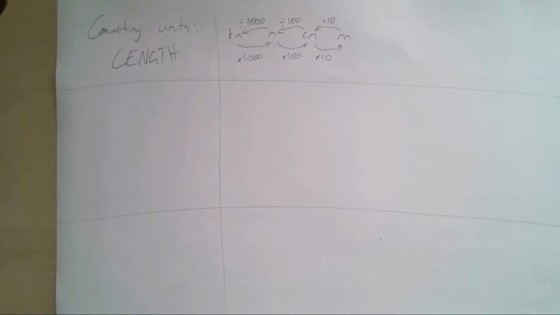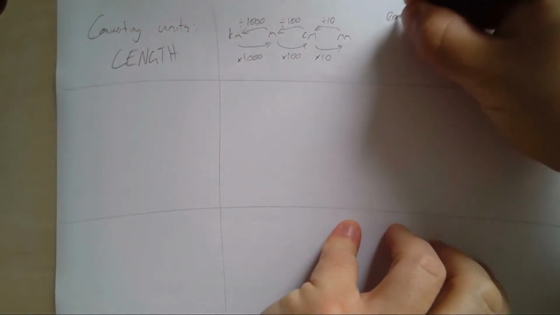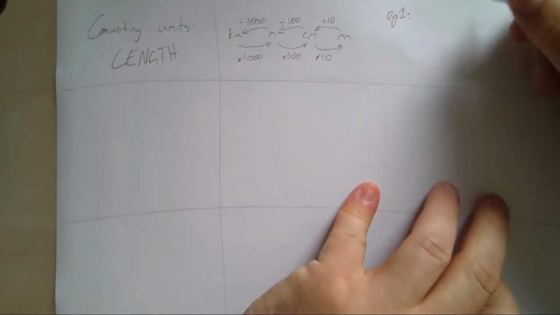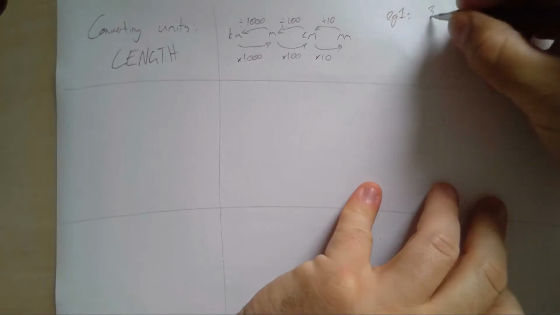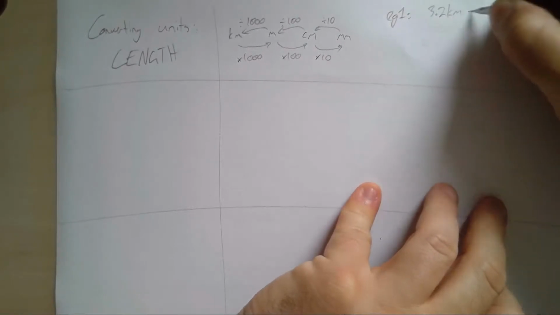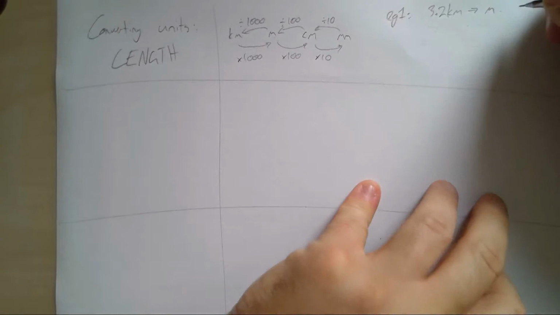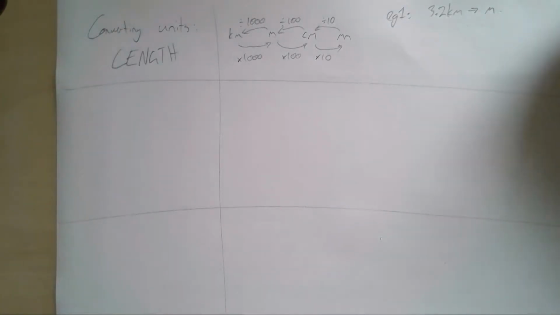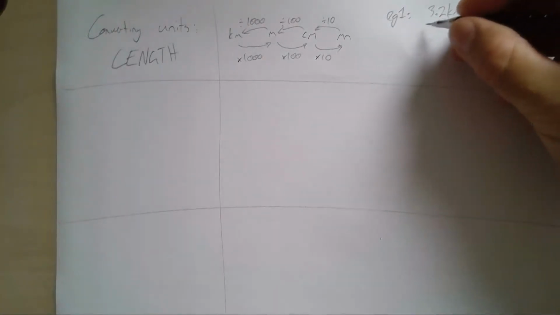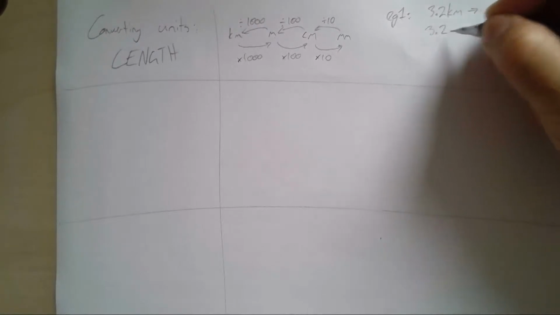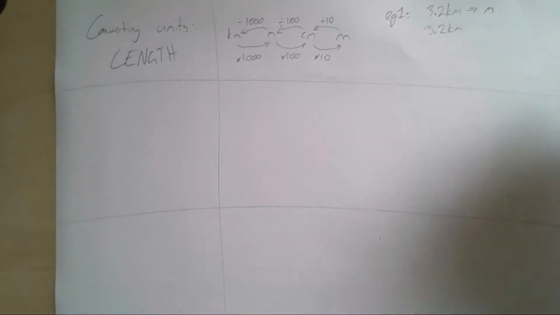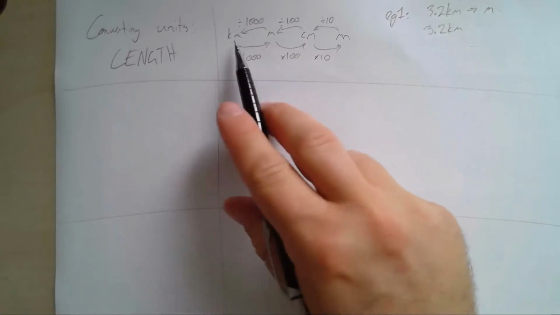Okay, so let's do an example. Okay, here's my example, and it's 3.2 kilometers to meters. Okay, so I'll write down, we've got 3.2 kilometers, and what am I going to do? Kilometers to meters go this way.